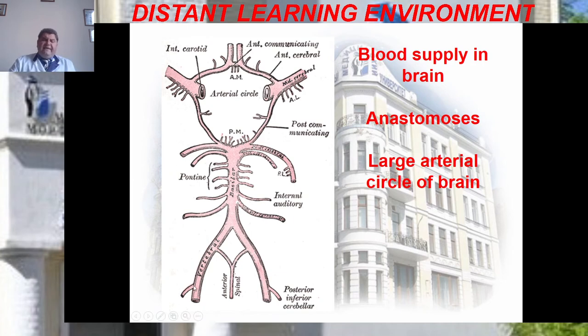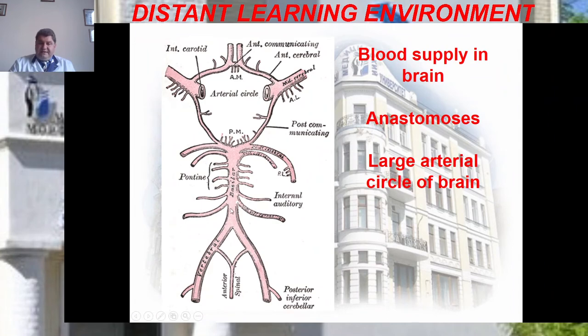So you may see the intracranial part of the vertebral artery, and also you may see the terminal part of the internal carotid artery here. What we can see here is that the vertebral arteries confluence into the basilar artery.